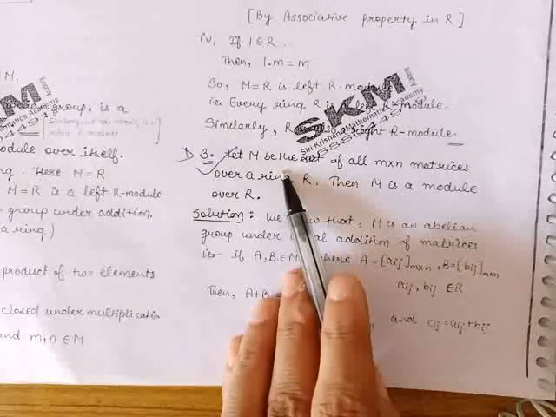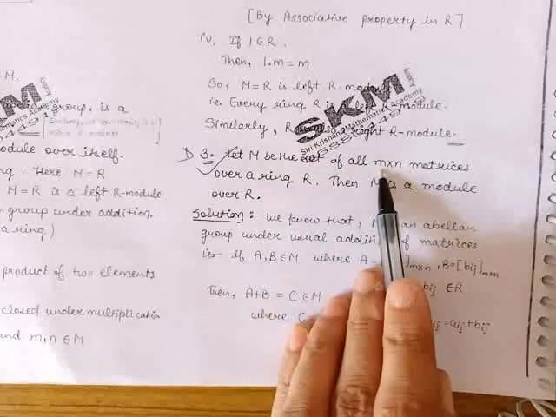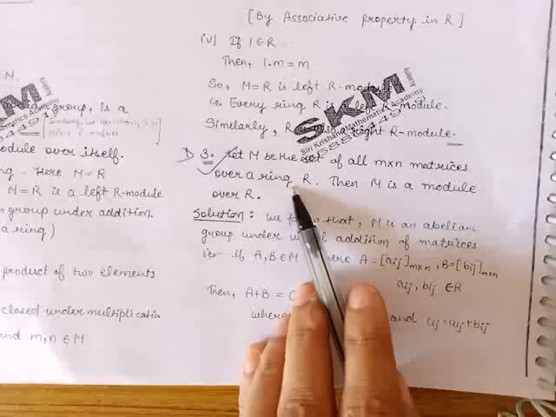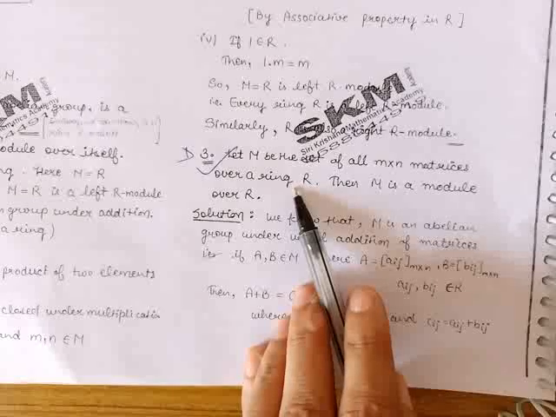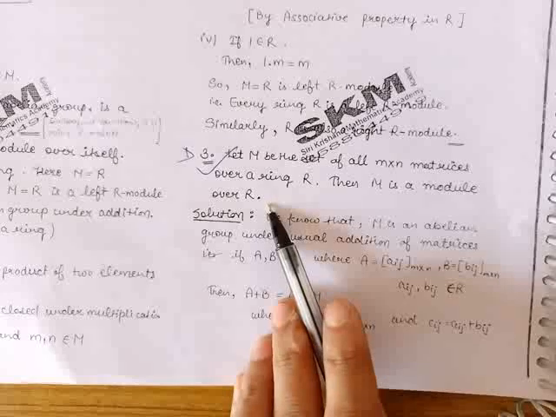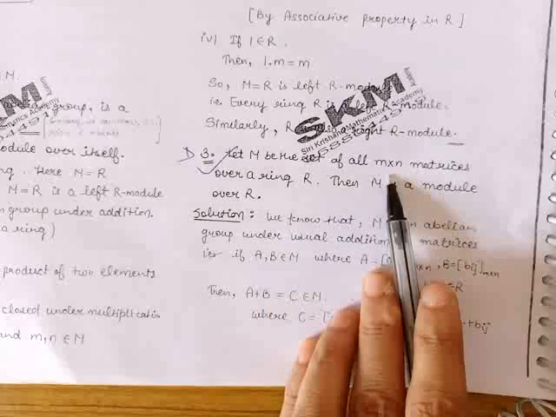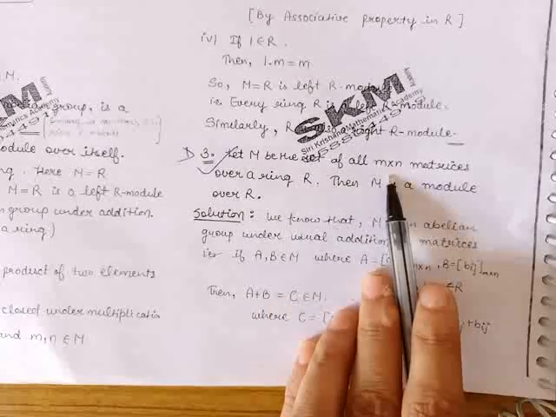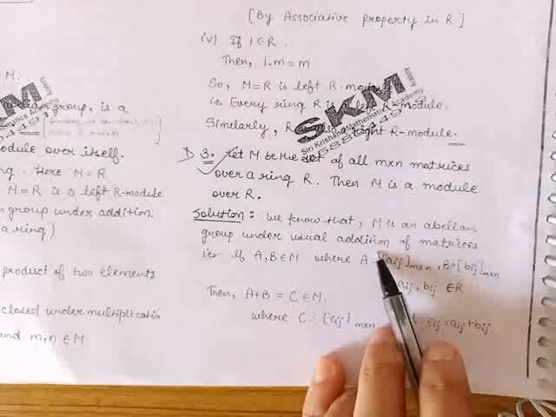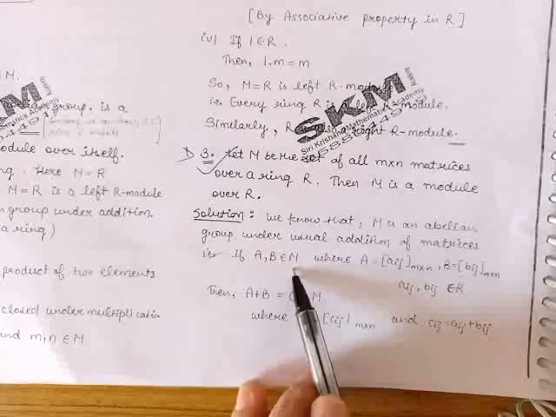M is the set of all M cross N order matrices over a ring R. Then we prove that M is a module over the ring R. Now, the set of all M cross N matrices is an abelian group under addition, where the addition of matrices can be defined as follows.